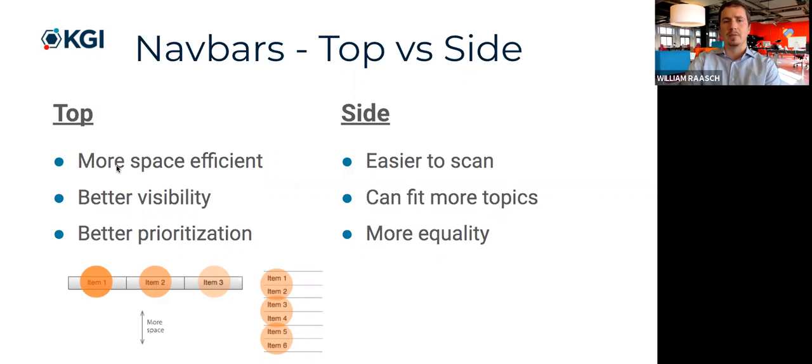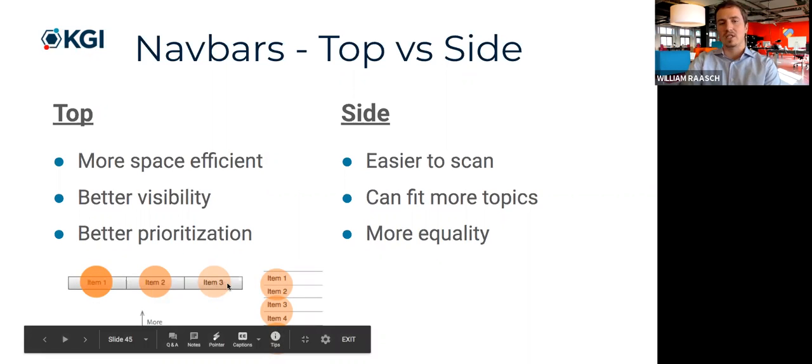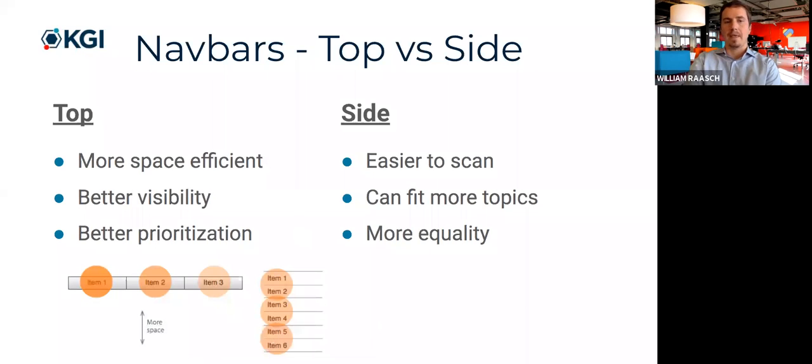The top ones are a little bit more space efficient. So you can just have them as one bar on the top of someone's screen, while the rest of the screen can be devoted to actual content. They offer a little bit better visibility too, because you can always have them out there and everybody always looks to the top, as we mentioned, and sort of that F frame versus Z frame.